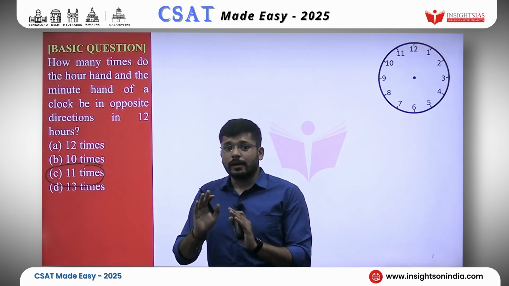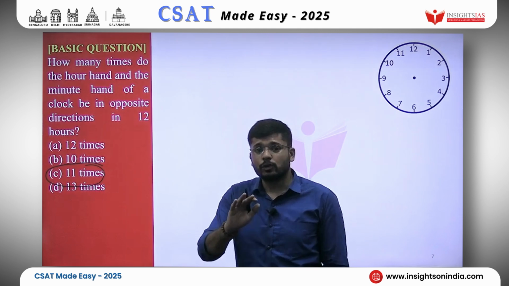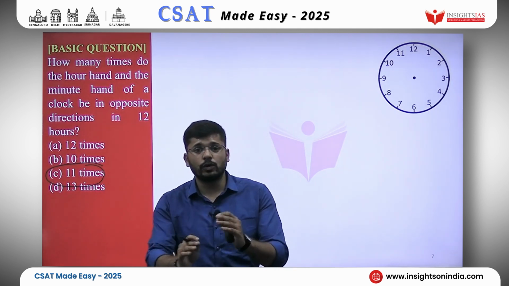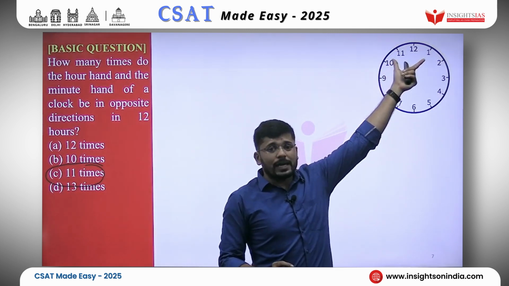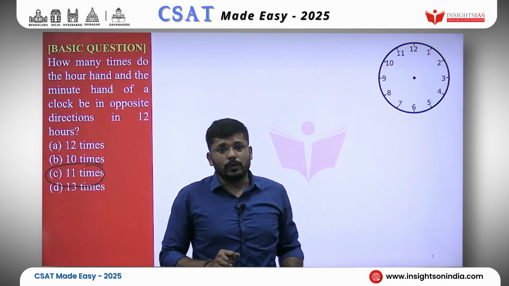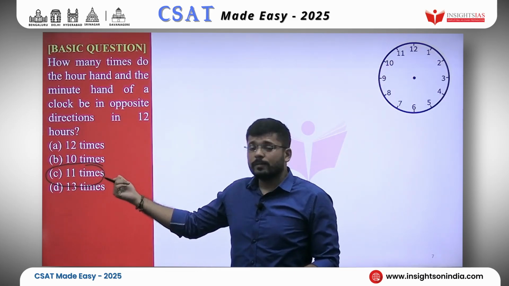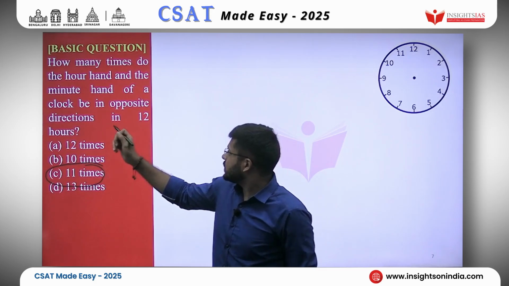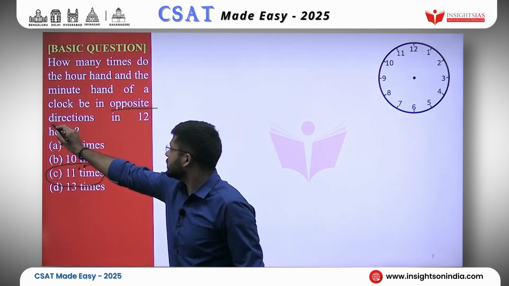Okay. Now, there is one thing to be noted here. I told you that between 11 and 1 they will be coinciding only once. But what is the question here? They are asking about them being in opposite directions.